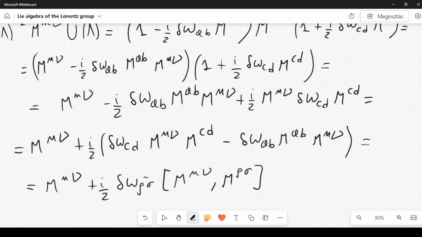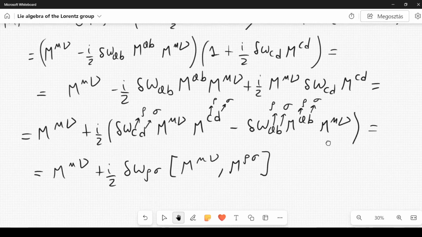C becomes rho and D becomes sigma, so here as well. And here A becomes rho and B becomes sigma, and here as well. So you have M rho sigma, which multiplies M mu nu. And if you check, you have exactly the commutator there.